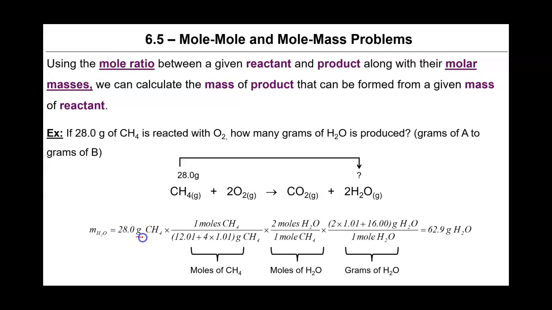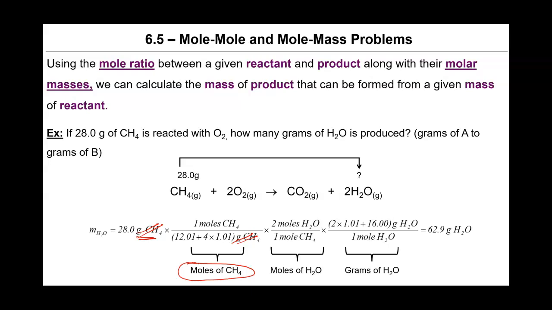And the first thing I'm going to do is turn that into moles of methane by multiplying by 1 over the molar mass. And hopefully you can see that that will cancel out the grams of methane. So my first conversion here leaves me with moles of methane.